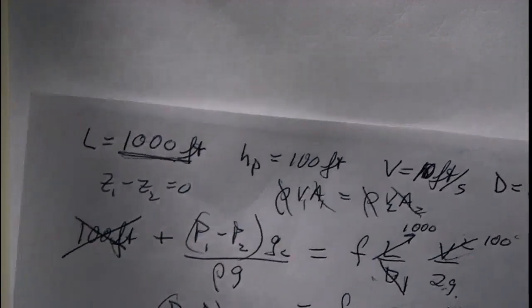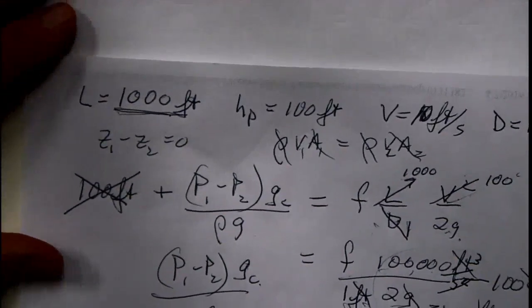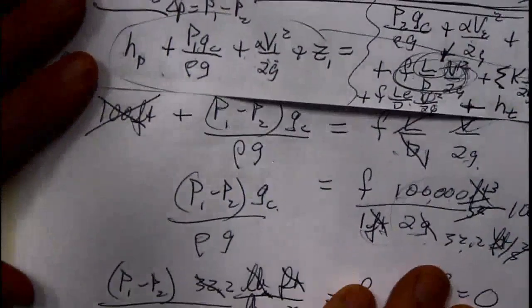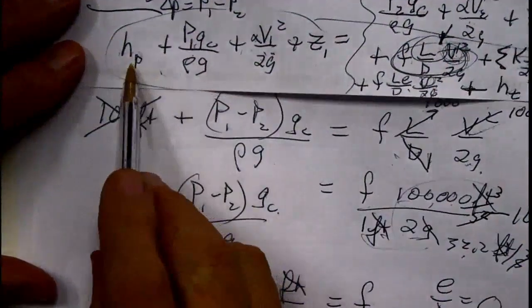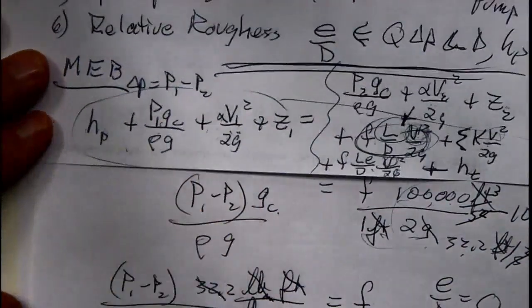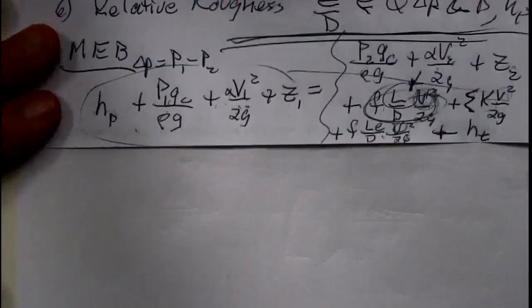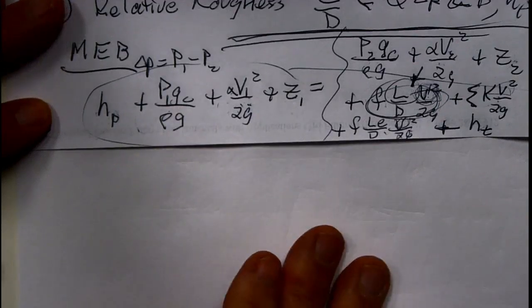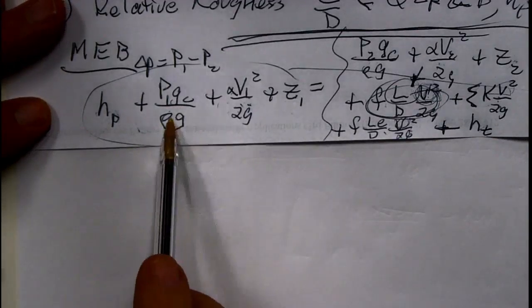Well, anyway, if I take a look at the mechanical energy balance somewhere, I had it. Oh, there we are. Sorry. Now, the unknown length, we got pump head is fine. We're interested in our pressure drop in this case. We're going to give you the pressure drop, and we're going to work the situation with the pump.